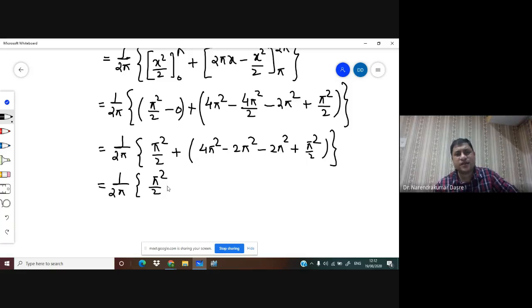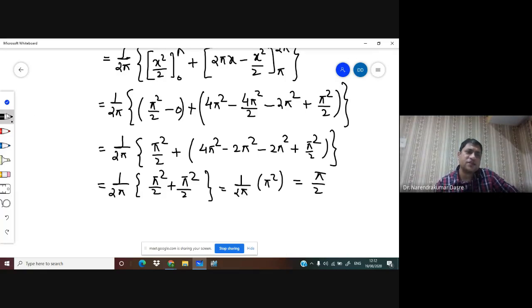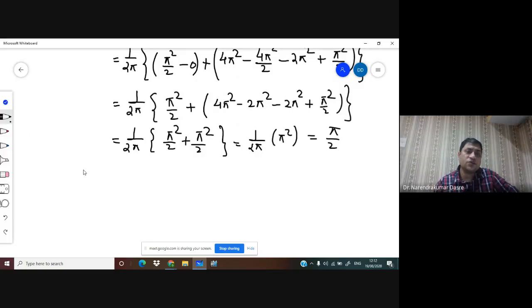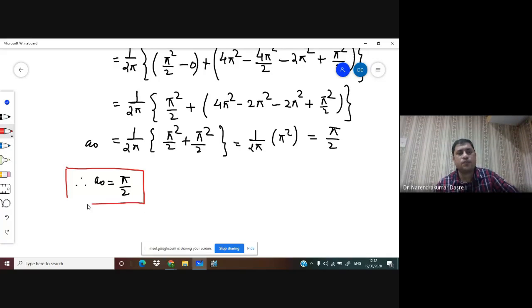This will get cancelled and you will be having plus pi square by 2. So we have 1 upon 2 pi into pi square, and this will become pi by 2. One pi will get cancelled. So we get here a0 is equal to pi by 2. So this is the next equation.